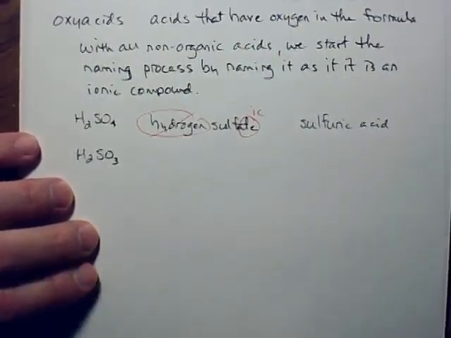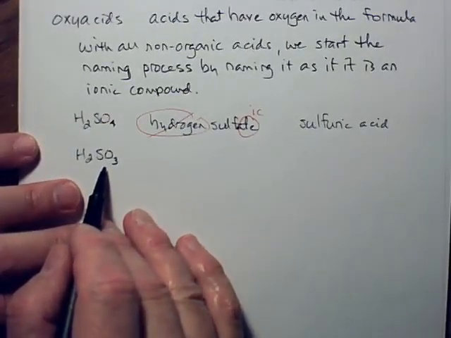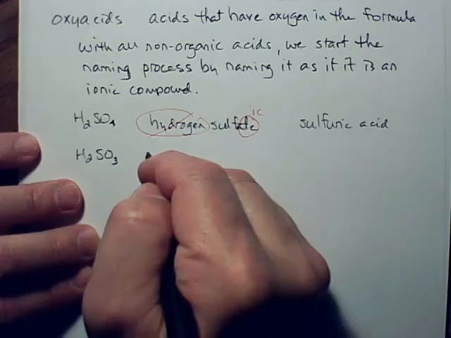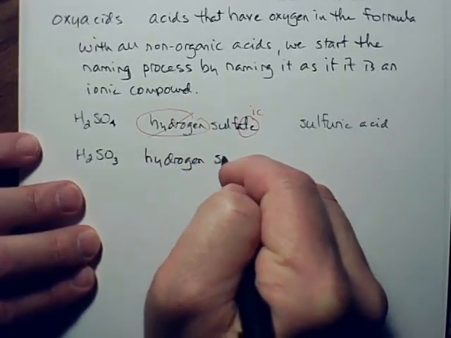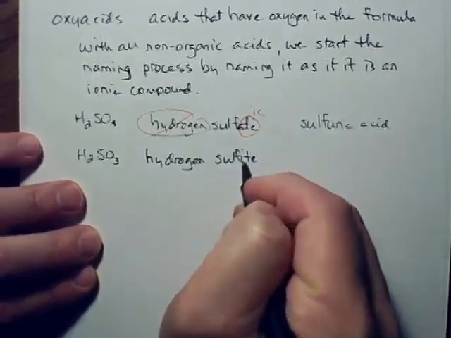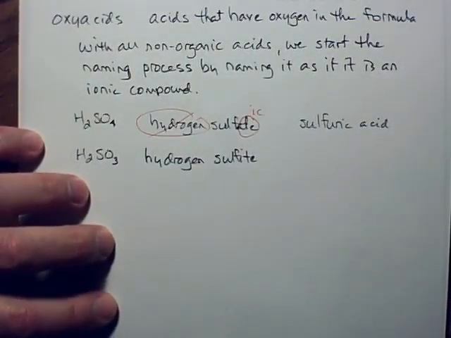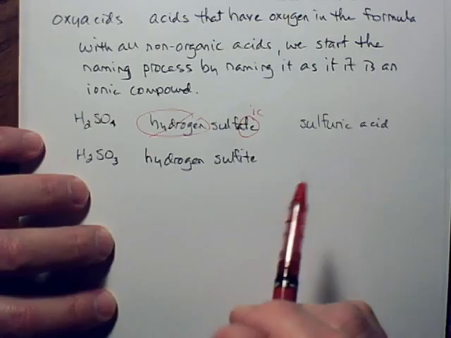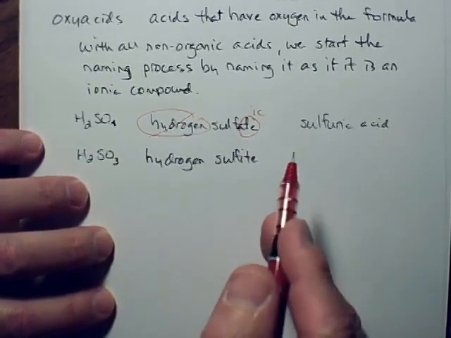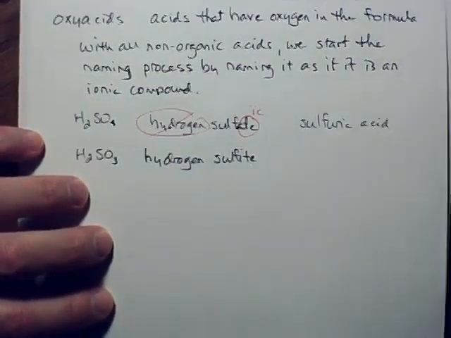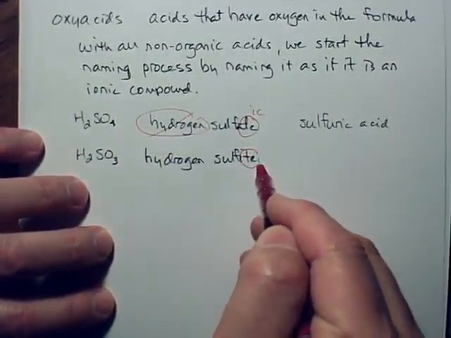Okay? So this is not sulfate. What is this? Sulfite. So we're going to name this hydrogen sulfite. We don't want to call this sulfuric acid. That's not the same thing. So when we have an ITE ending, we're going to change it to something else.